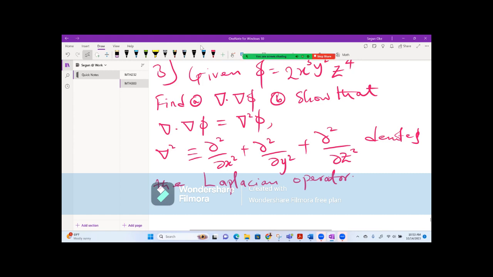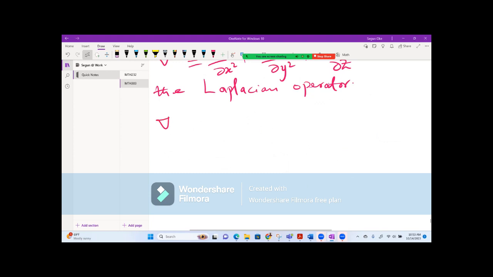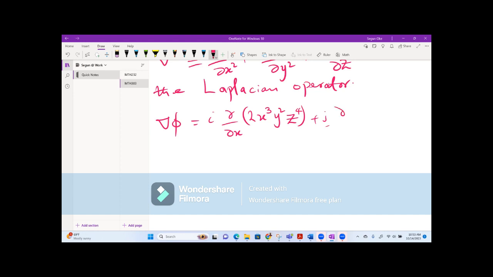In this case, we look at del phi equals i d phi by dx, where phi is 2x cubed y squared z to the 4, plus j d phi by dy, plus k d phi by dz.